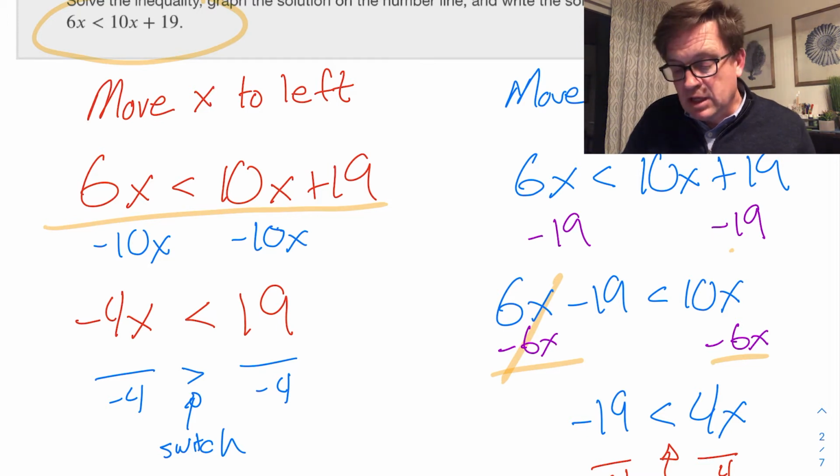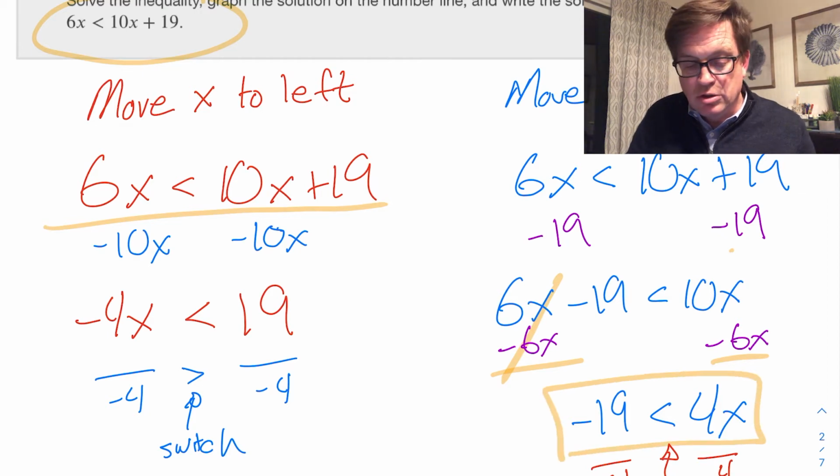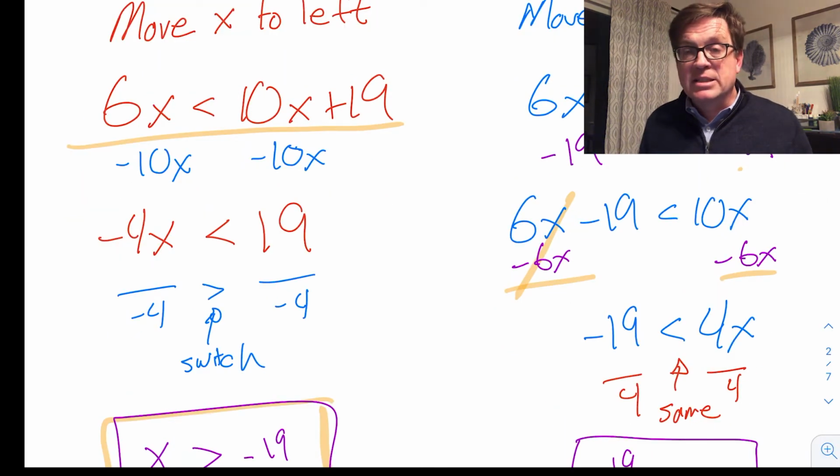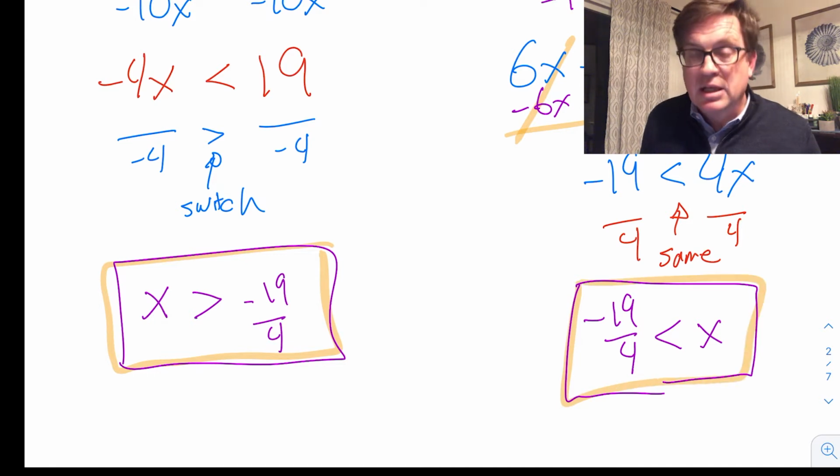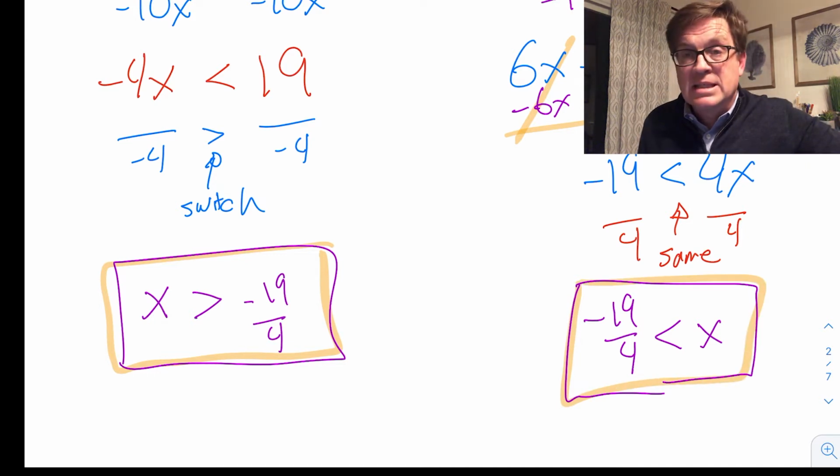And we end up with -19 is less than 4x. 10x minus 6x is our 4x. So here's our solution. And to get x by itself, the last step you have to do is divide both sides by 4. But since 4 is positive, you don't have to change the inequality from a less than to a greater than. You just keep it as -19/4 is less than x.